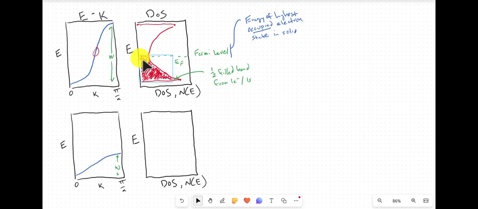Meaning, if we have thermal contributions from the world, which we do anytime we're above absolute zero, then that means some amount of these filled states, represented by the shaded region, could easily just bump themselves up into this space, and that is what gives us conduction, right?